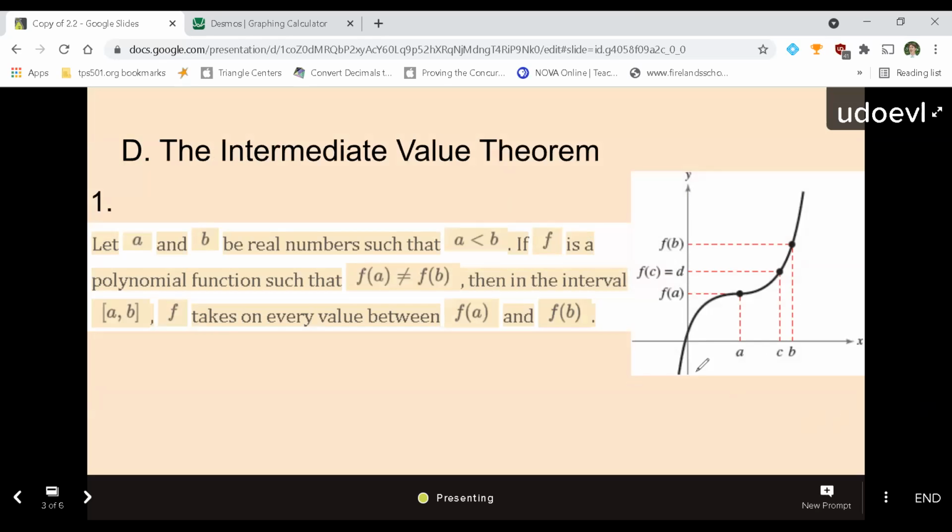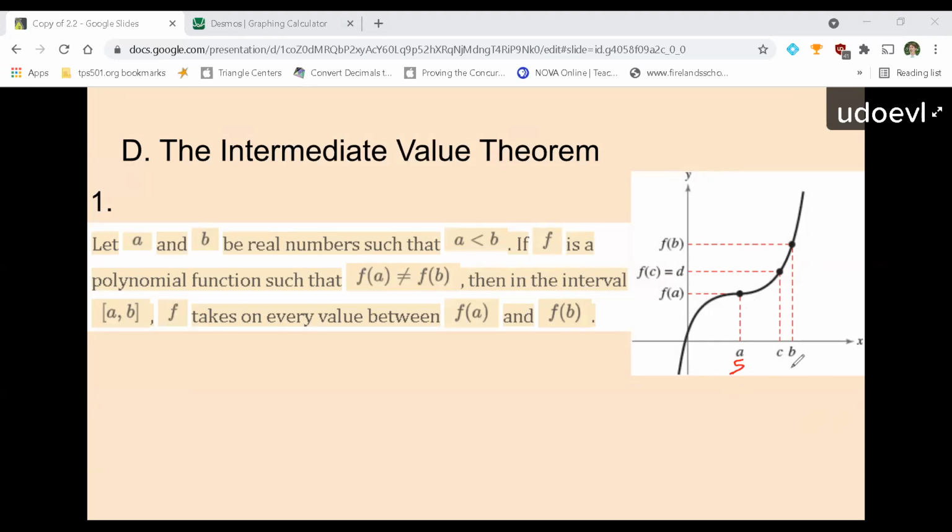So I'm just going to make up some numbers to help explain this. Let's say A is 5, this is 10. I don't know, let's say this is 6 and 12. The idea here is it's impossible for me to get from 6 to 12 without passing through 8. There has to be some x value that gives me the answer 8.